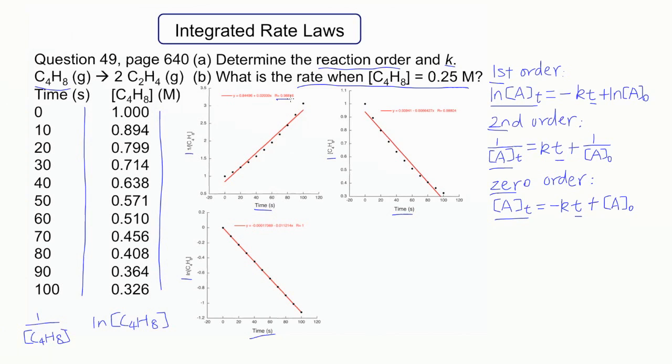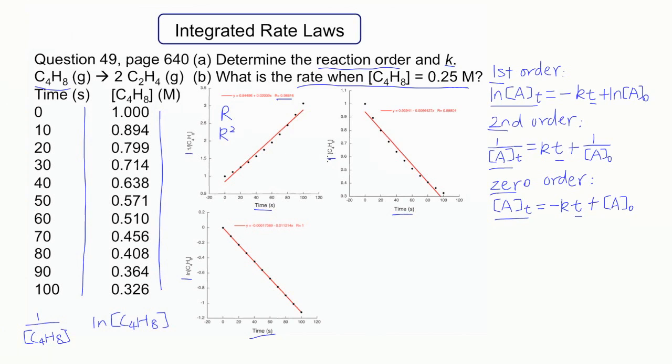R value is 0.98 or 0.99. It's close to 1, but it's not perfect. And let me remind you, both R and R squared value can be used to evaluate how good your fitting is. If R or R squared value is close to 1, that means your fitting is excellent. So since the second order reaction model does not give us a straight line for the data points, this is not a second order reaction.